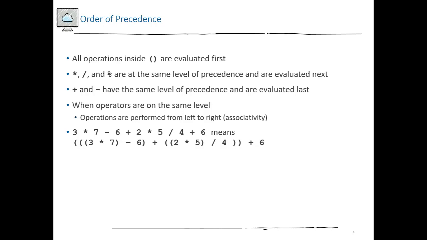And then 2 times 5 is evaluated first, that's the inner parentheses, and then divided by 4, that is another result. And then the end is 6. So the first result plus the second result and plus the 6. That would be the order of operation in C++. And that's the case in all arithmetic, not just in C++.